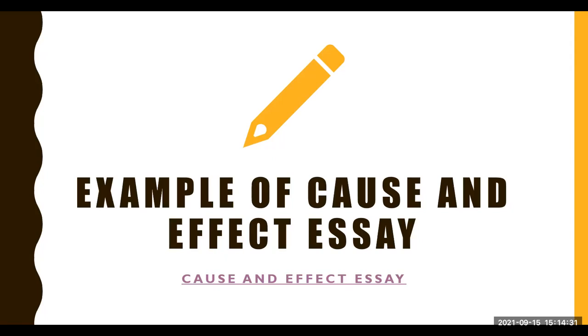So is it one cause, one effect, or is it multiple effects, one cause? Let me know which one best supports this or best describes this kind of cause and effect essay.